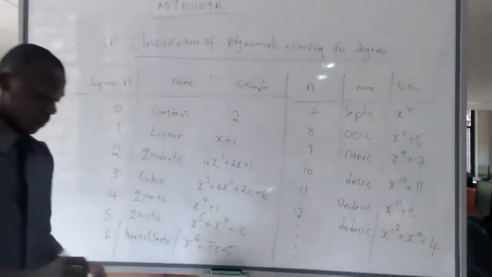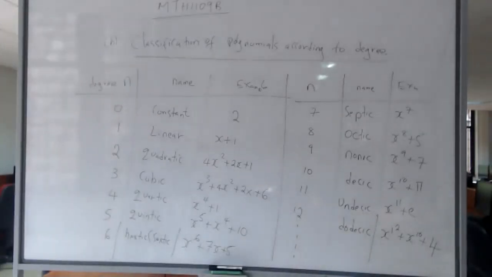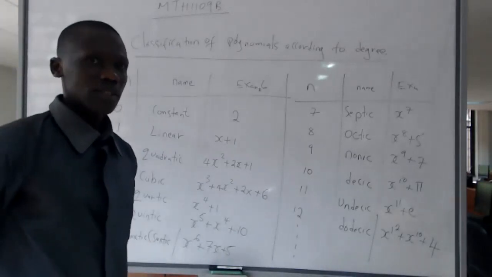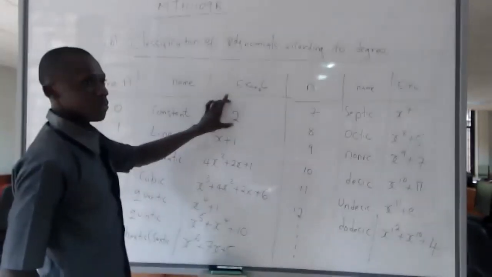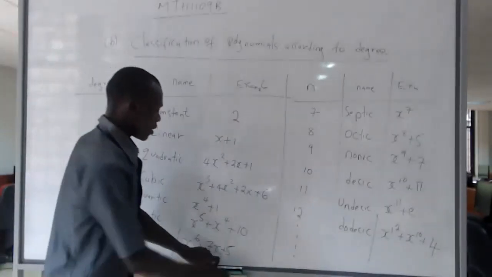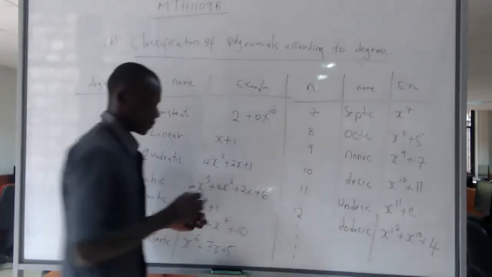Yes, please. I have a question. When you're saying when x has a 0, what's that word you're calling it? I'm talking about a non-zero coefficient. For example, for this constant polynomial, I could write here 0x to the 10.